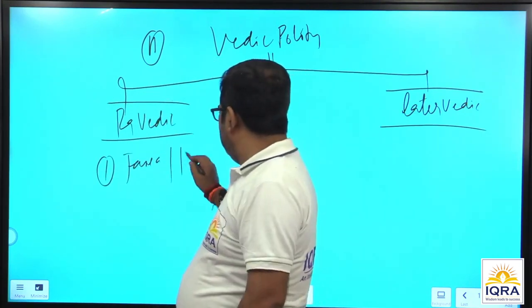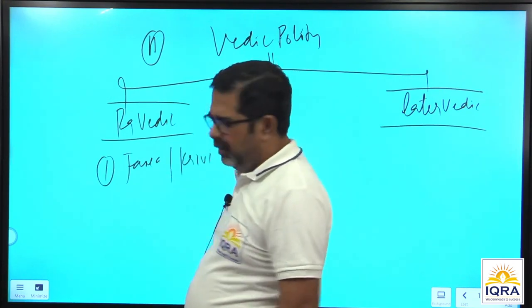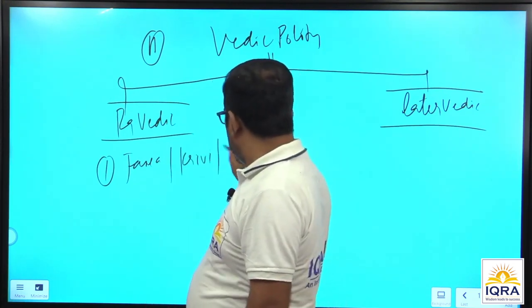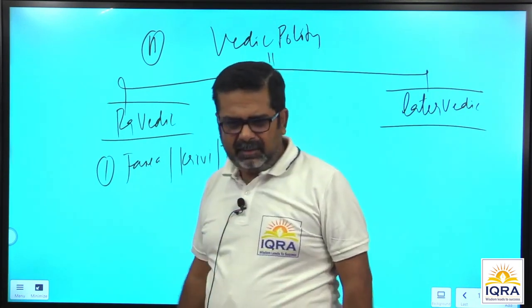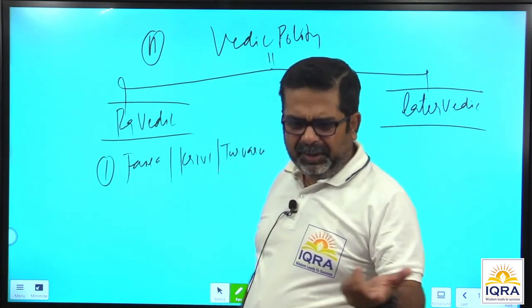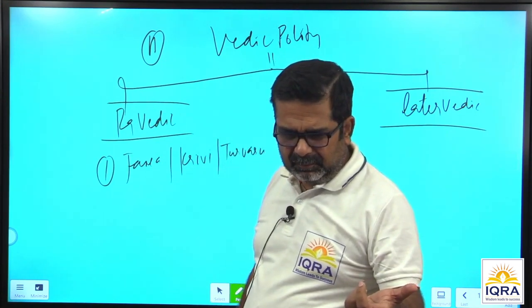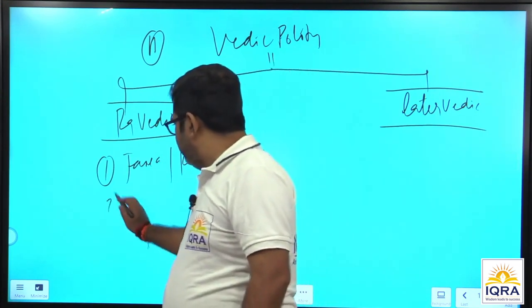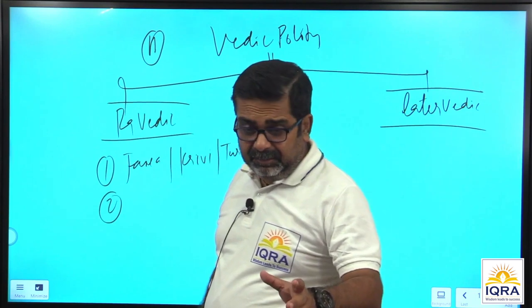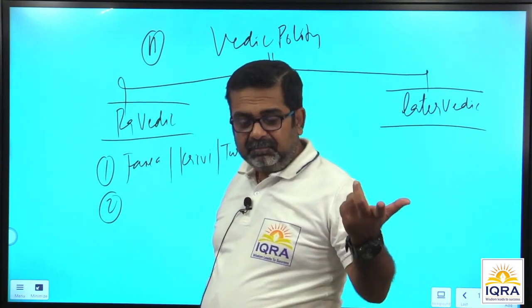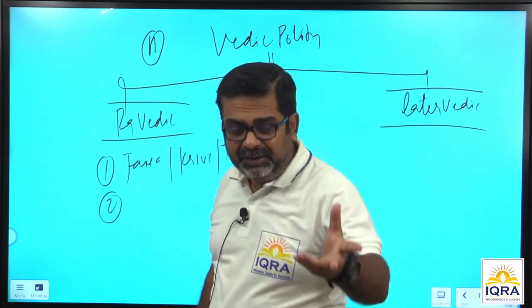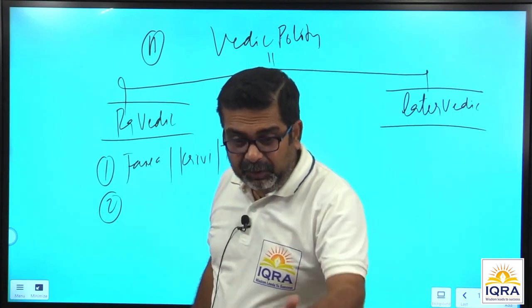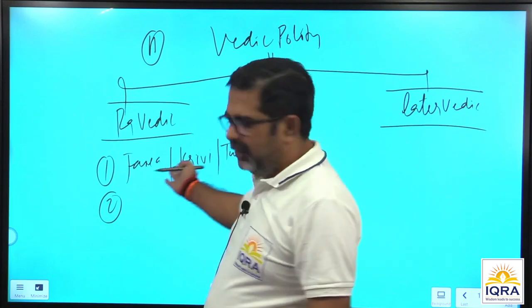Krivi tribe, Turvasu tribe. Tribal polity. Administration: neither potential nor requirement. Neither potential, subsistence economy, nor requirement, it's a tribe.